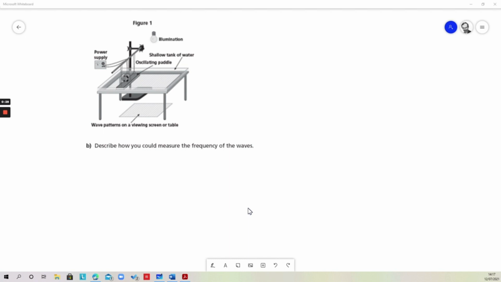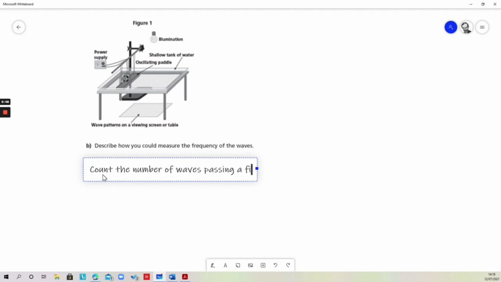a second. So there are several things that we would need to include in a good answer, and the first of these is to say we would need to count the number of waves passing a fixed point.